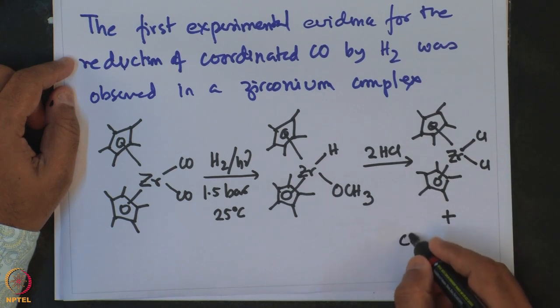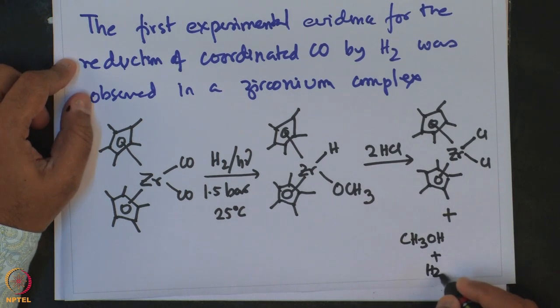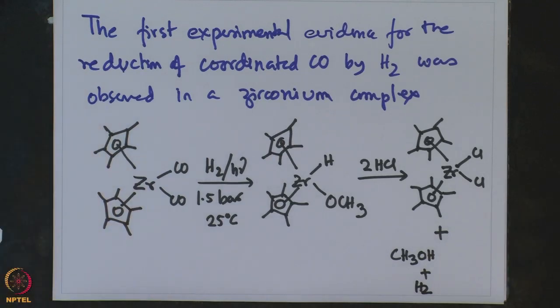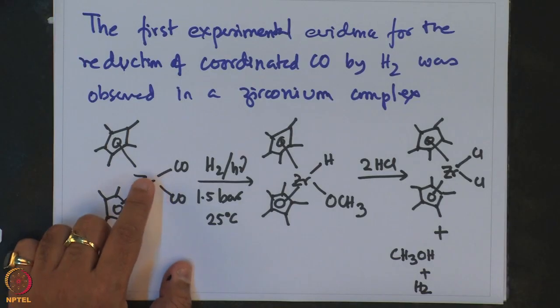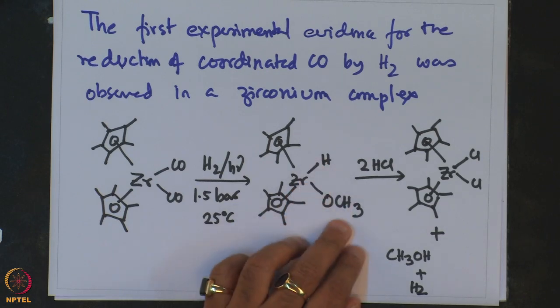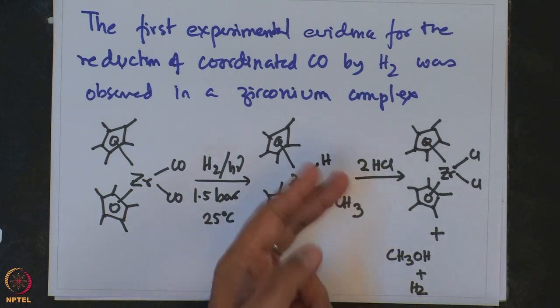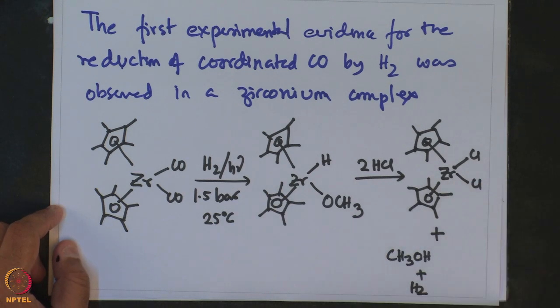So, this is a beautiful experimental demonstration of the reduction of coordinated CO by hydrogen resulting in the formation of zirconium hydride and zirconium methoxide, which when treated with HCl gives zirconium dichloride, methanol and hydrogen.